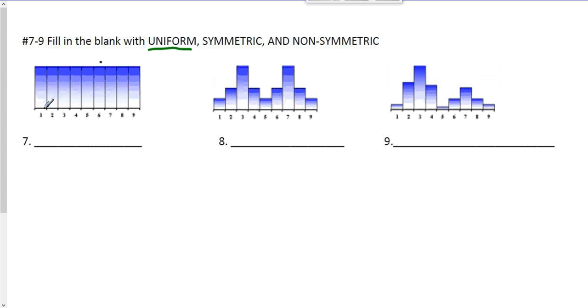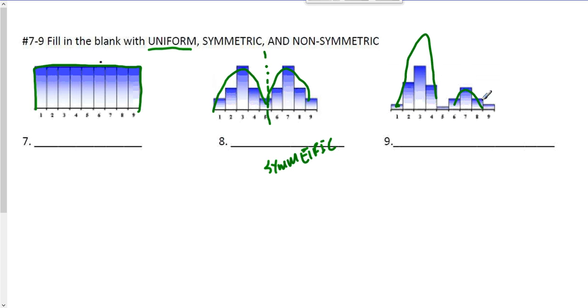The word uniform means the same, everything has about the same height, whereas symmetrical, even though there's two mounds here, I can cut those in half and they fall on each other. That would be symmetrical. Whereas in the last histogram here, we have one larger mound, one smaller mound.